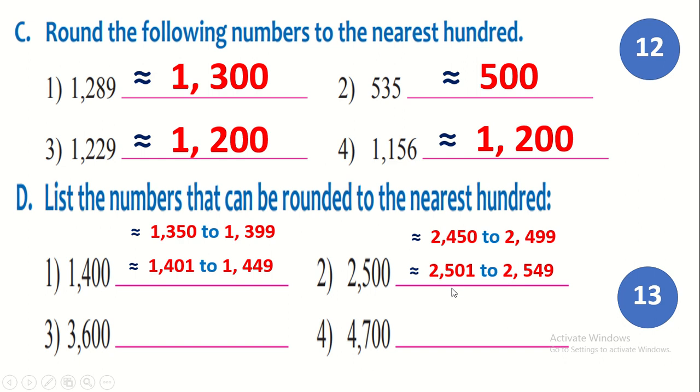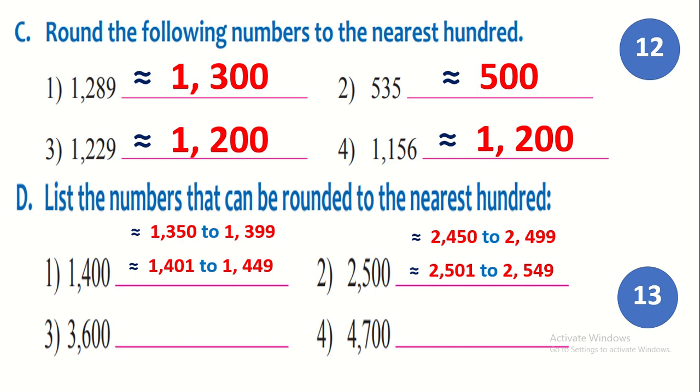And 2,501 to 2,549, if you round these numbers, it's the same, 2,500. Correct, students? These are the numbers that can be rounded to the nearest hundred.